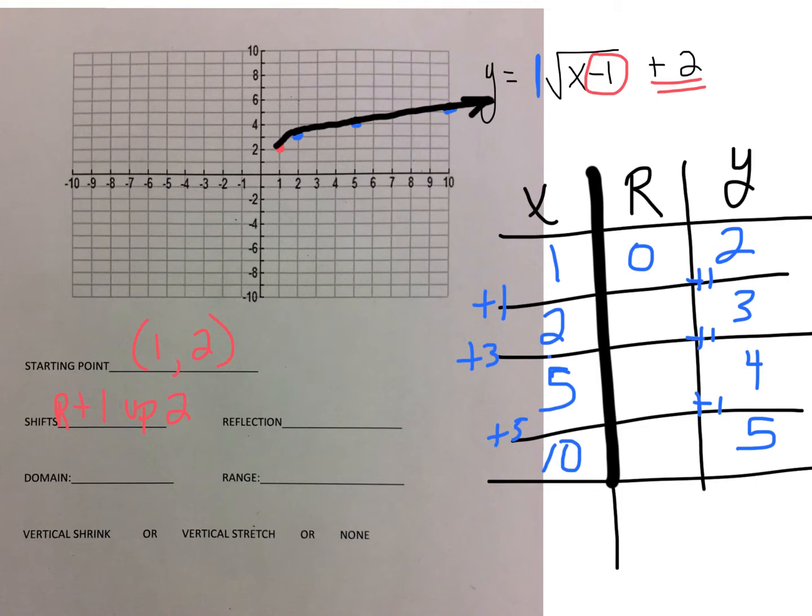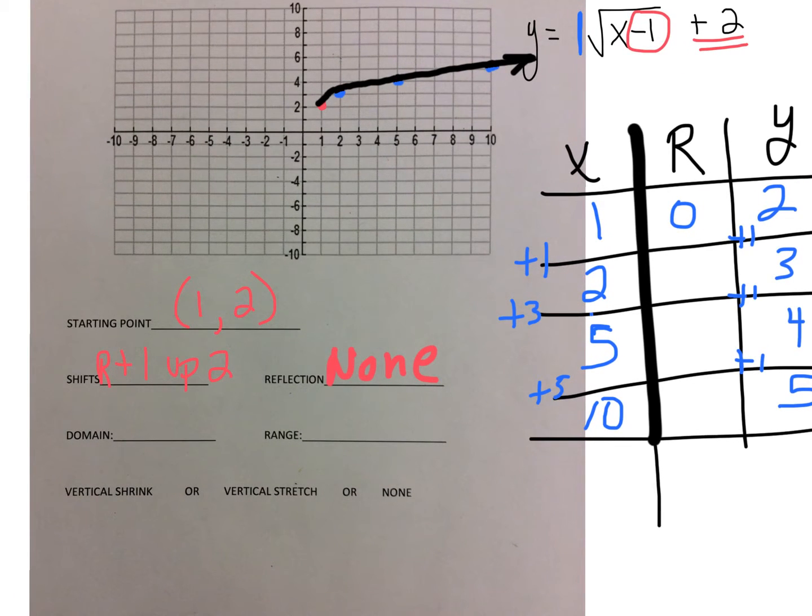Now, from here, we have to think about our reflection. Since this graph is going up, it is definitely none. Now from here, let's talk about domains. Looking at my x's, see how my x's here start at 1 and they keep going up forever.